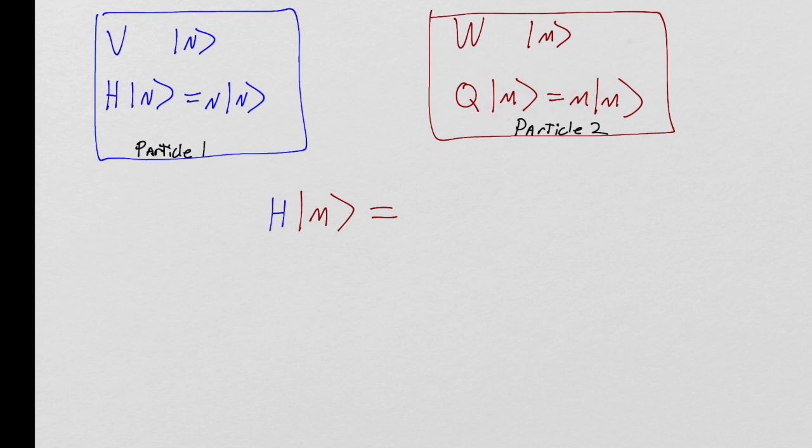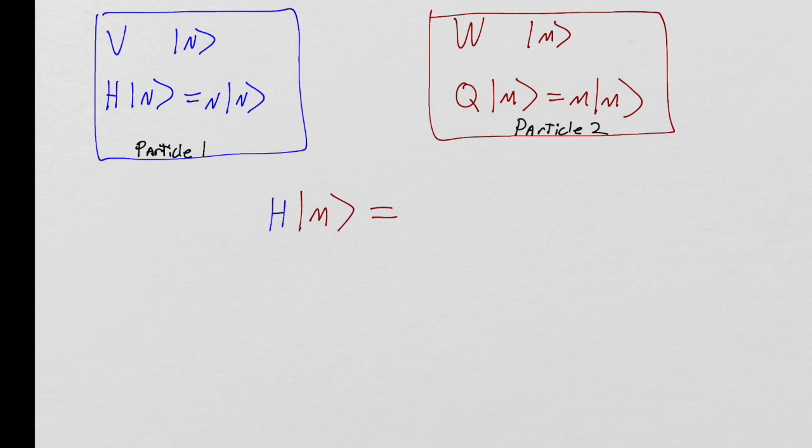The reason is that H is a linear operator, and a linear operator is something that acts on a vector space, but it acts on a specific vector space. This is a linear operator designed to act on the vector space V. It's not designed to act on the vector space W. So this is nonsense.